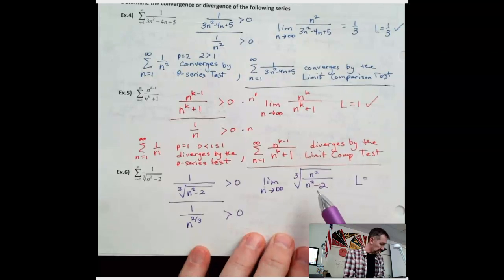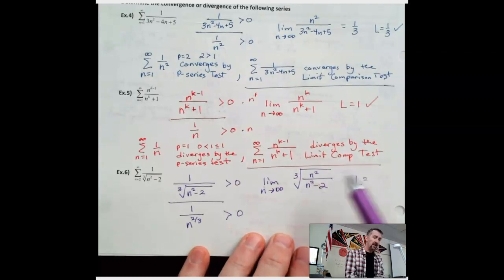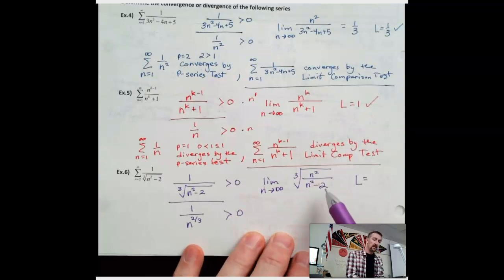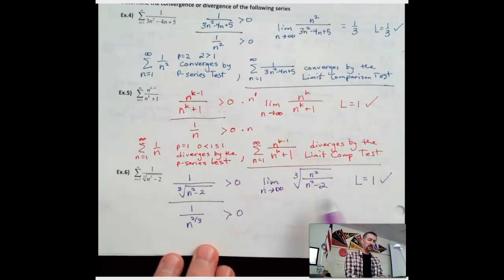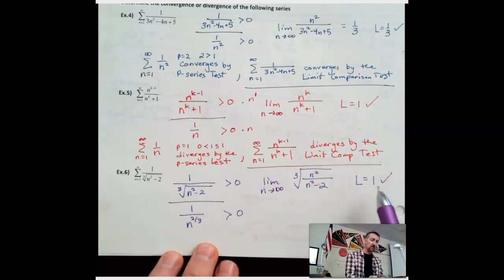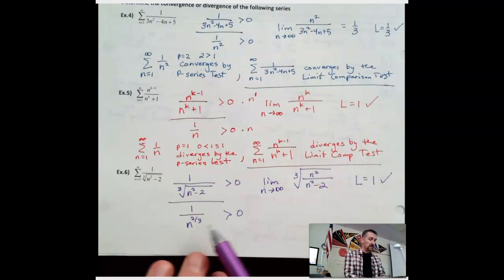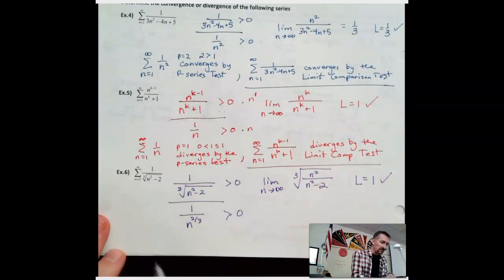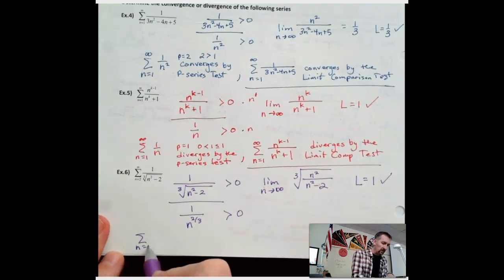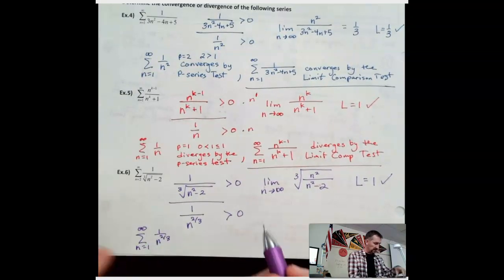If we think about that at infinity, this isn't going to matter. That's going to be the same thing over the same thing. So that's going to be the cube root of 1, so that's going to be 1. Both of these are greater than 0 and the limit of their ratio equals 1. So we can test this one here. That's also a p-series: the sum from n equals 1 to infinity of 1 over n to the 2/3.